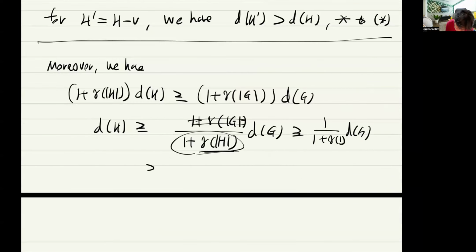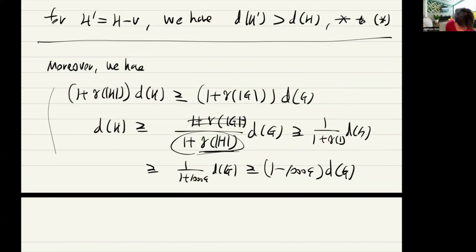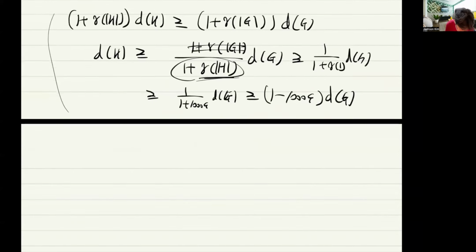Then this is at least 1 minus some constant times epsilon, times d(G). So this is almost the same average degree as wanted.